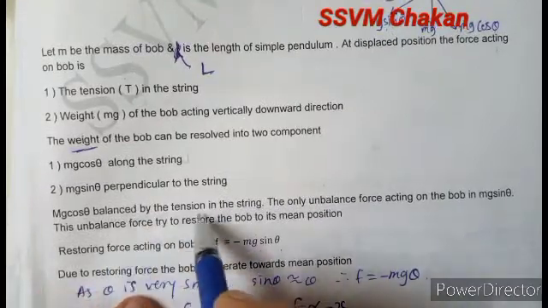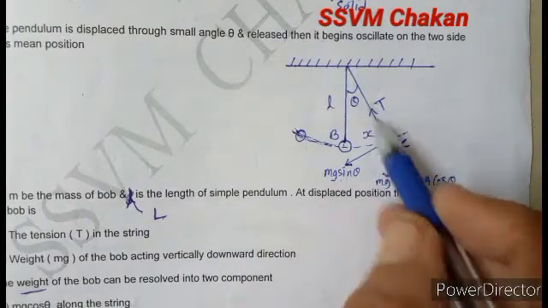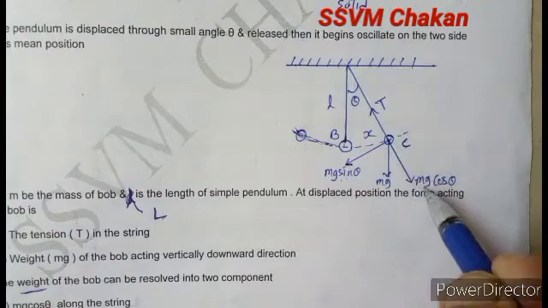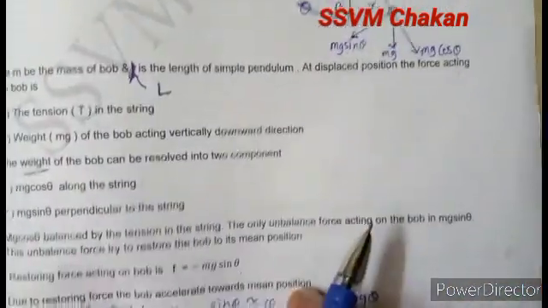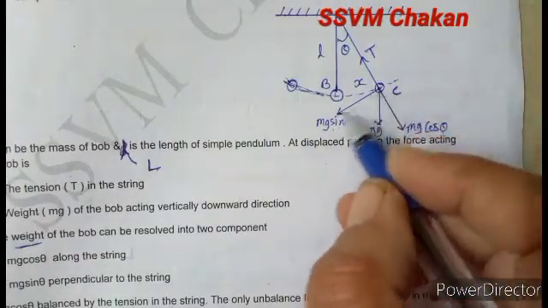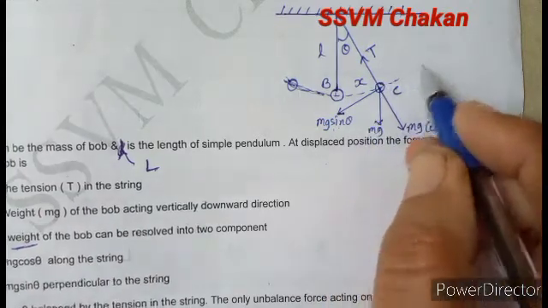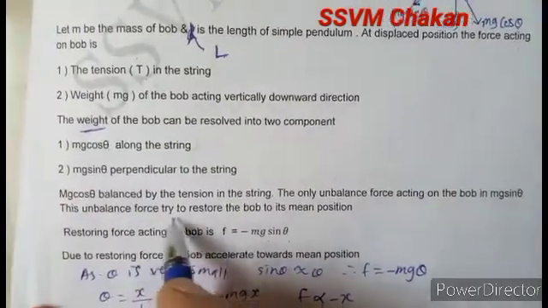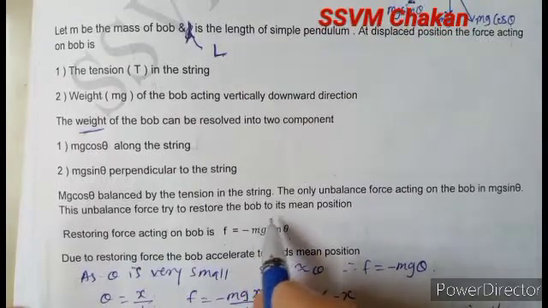Mg cos theta is balanced by the tension in the string. So tension acts towards the suspension point and mg cos theta opposite to it, so both balance each other. The only unbalanced force acting on the bob is mg sin theta, because to balance this mg sin theta there is no opposite force present. This unbalanced force tries to restore the bob to its mean position.